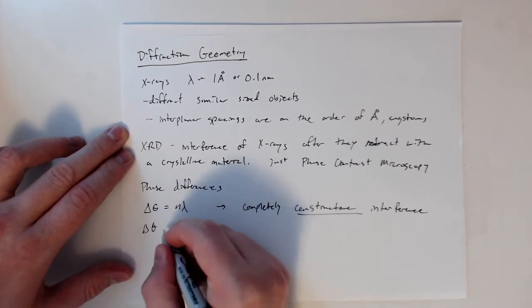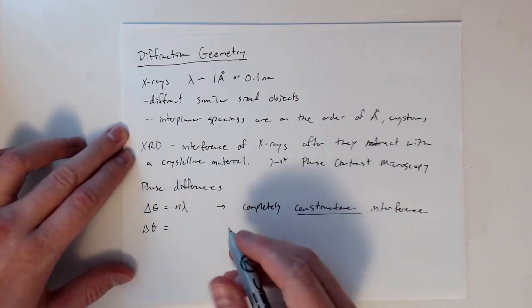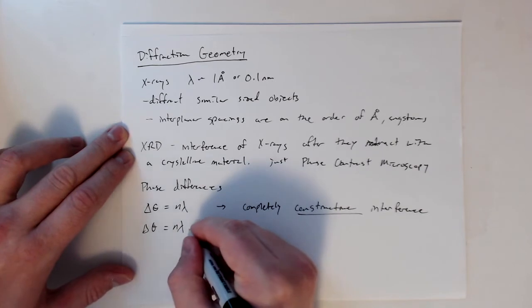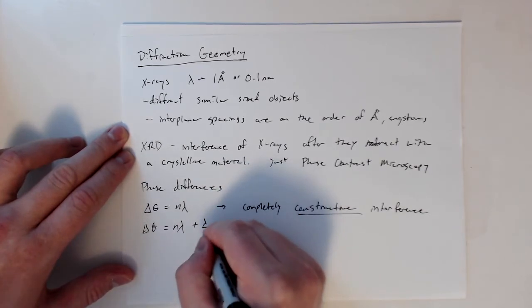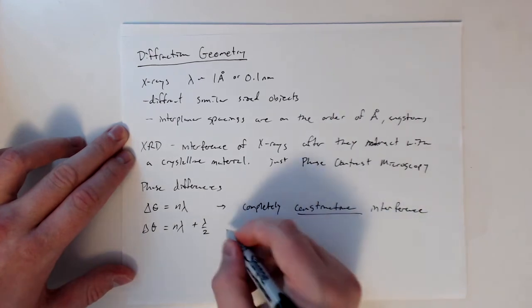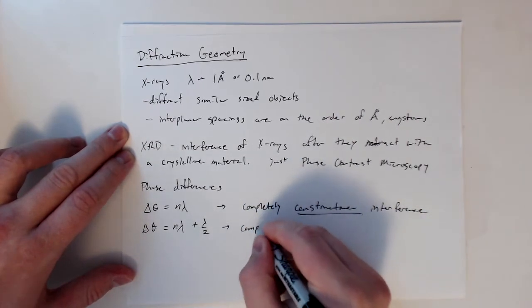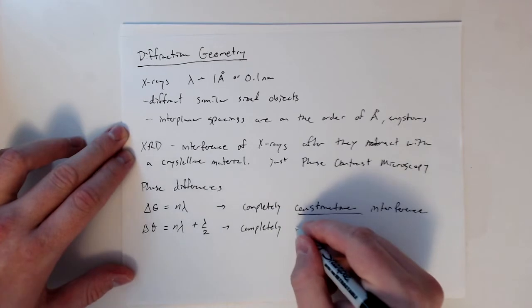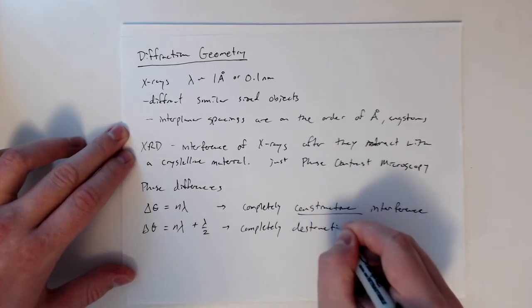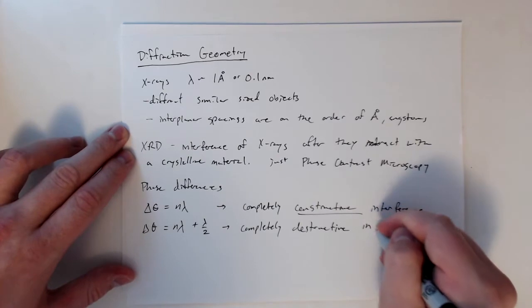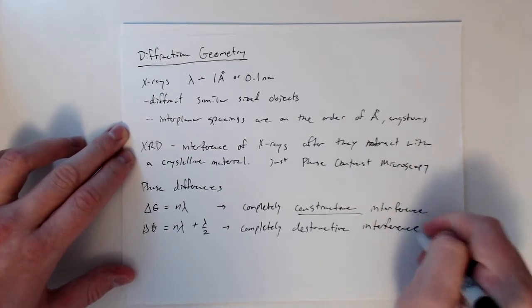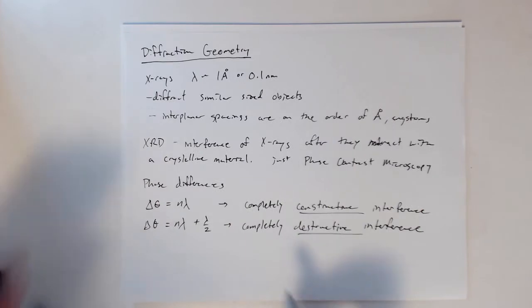And then if we have phase differences of n lambda plus 1/2 of the wavelength, this gives us completely destructive interference. So those are our two extreme cases, and we use this in the geometry of X-ray diffraction.